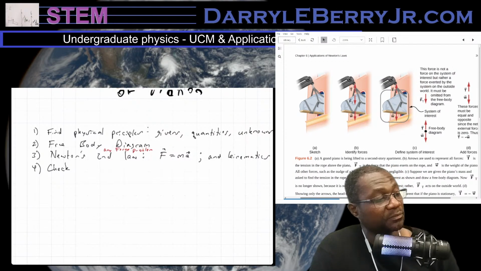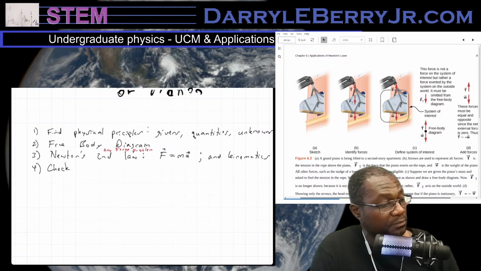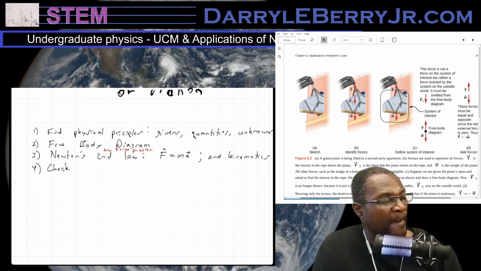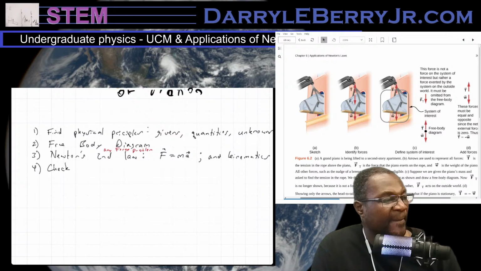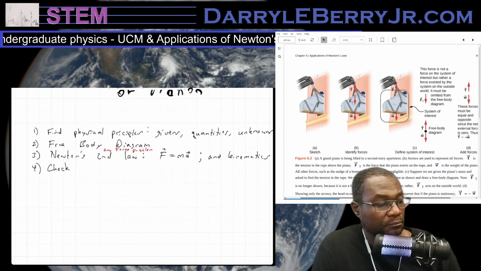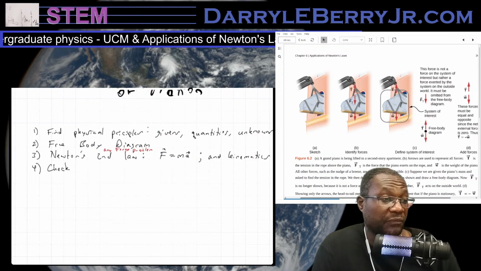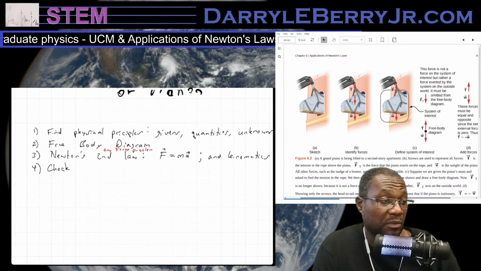So we have the sketch. We identify the forces. Define the system of interest. Force. This force is not a force on the system of interest, but rather a force exerted by the system on the outside world.